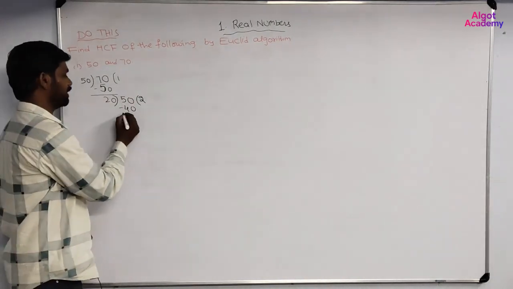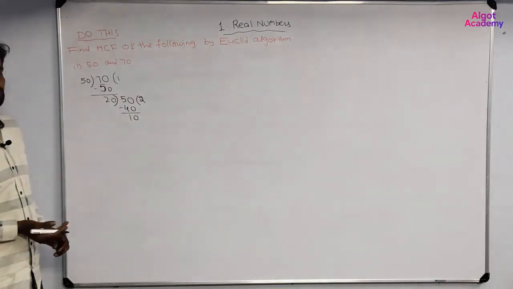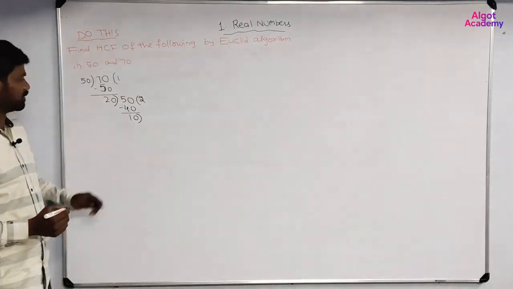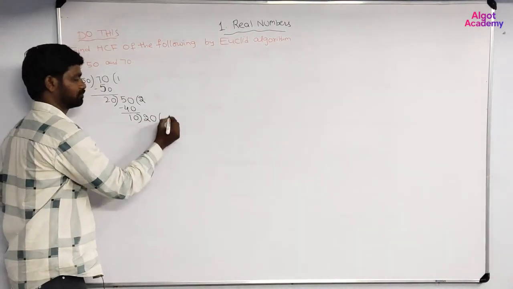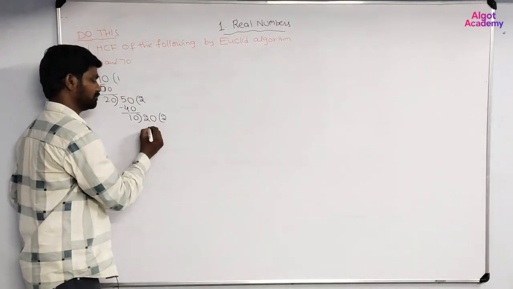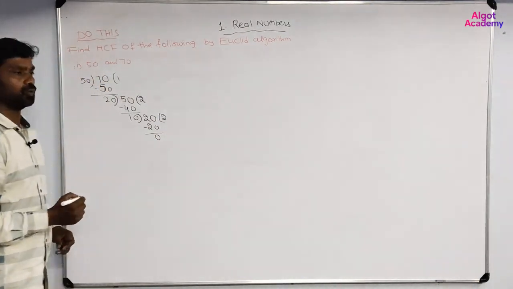So 50 minus 40 we get 10. The same process follows here. Once again this 10 becomes the divisor and 20 becomes the dividend. Now divide with 10. 10 twos are 20. 20 minus 20, finally we get 0.